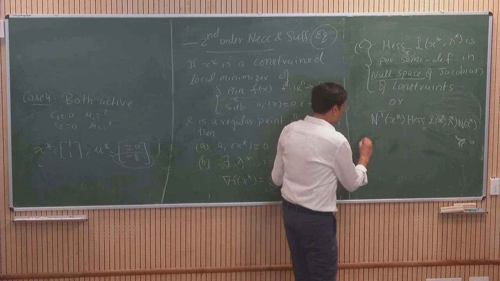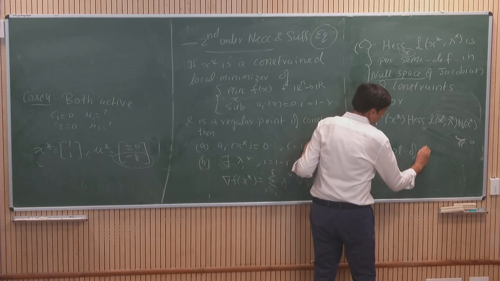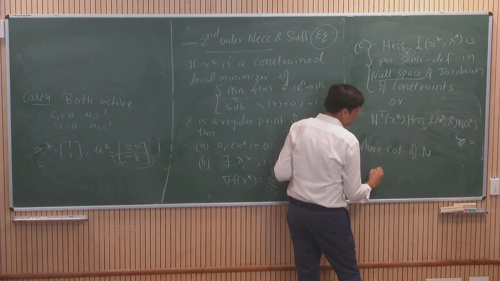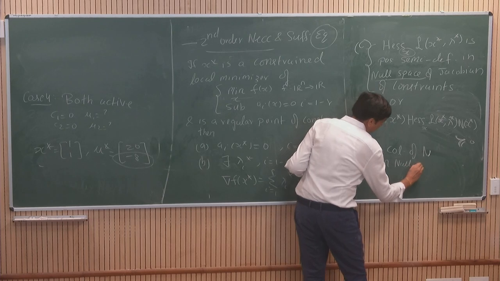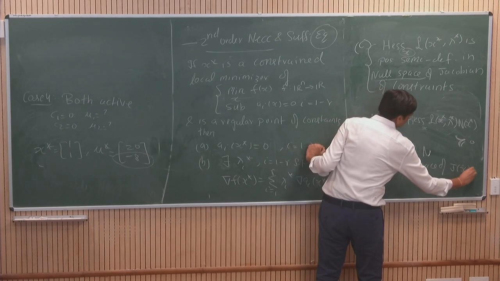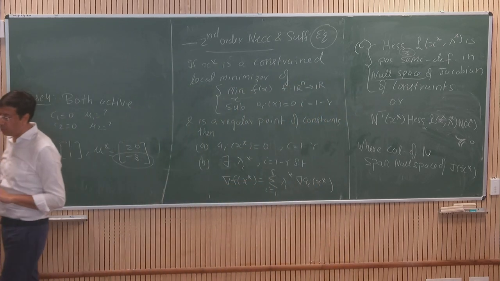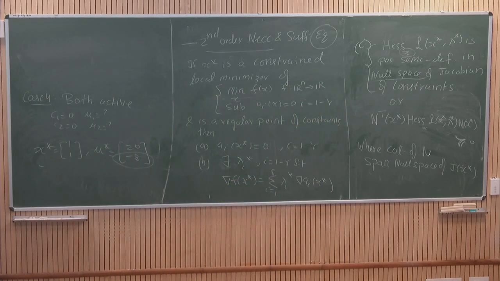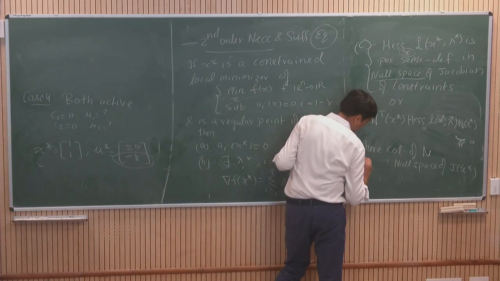Here the columns of this N matrix, this is an N matrix, form a basis of the null space of J star. So this looks more difficult to remember. That's why I wrote the wordings, which is much easier to remember. Not span, they form the basis. Sorry.